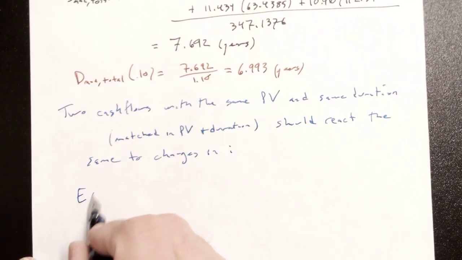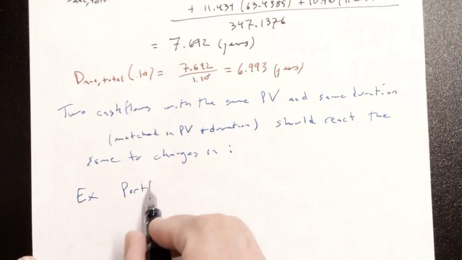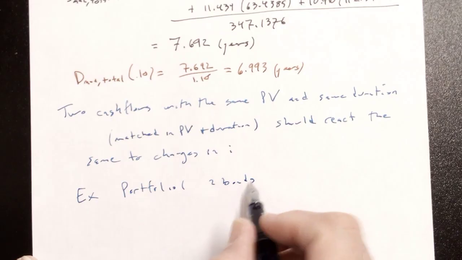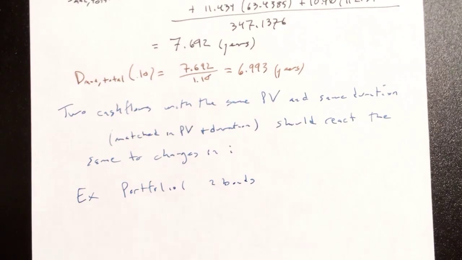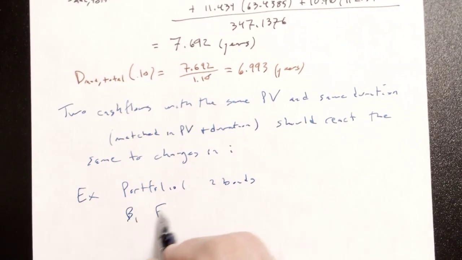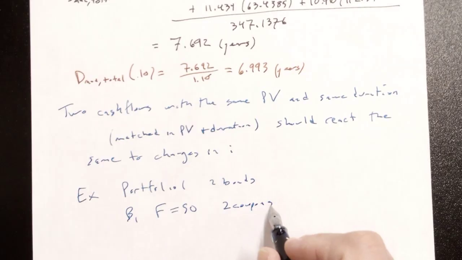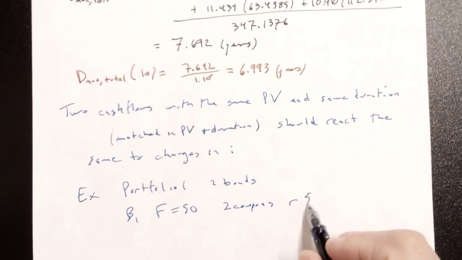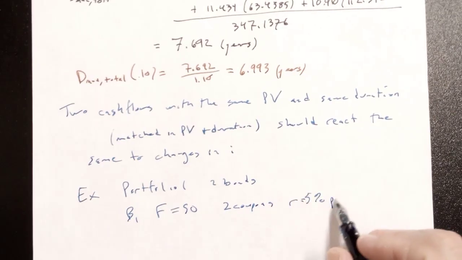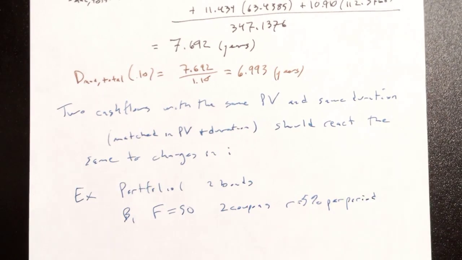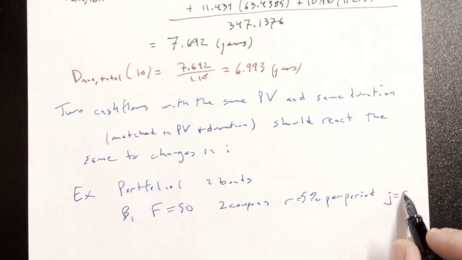An example. Portfolio 1 is 2 bonds. The first bond has a face value of 50, 2 coupons with a coupon rate of 5% per period. So I'm not even caring whether these are semi-annual coupons, annual coupons, whatever, and a yield of 5%.